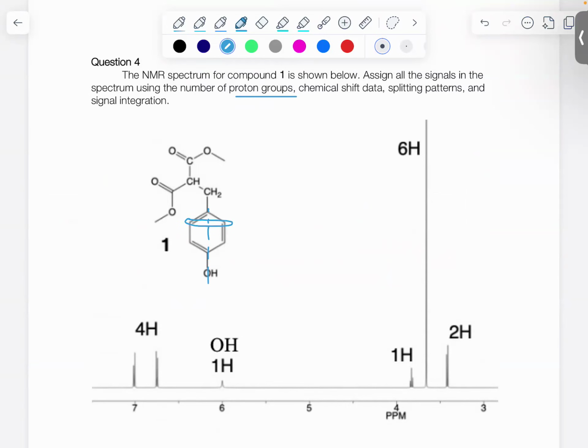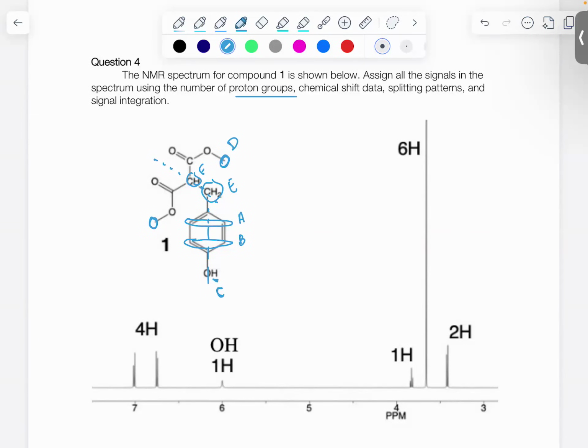So these 2 that are across from each other, we'll call that group A. We have this one here that is across from each other, we'll call that group B. We have our alcohol proton, we'll call that proton group C. And then we have another plane of symmetry here, which means that these 2 terminal methyl groups are the same, or chemically identical. We'll call that D. And then this little linker we can call E and F.